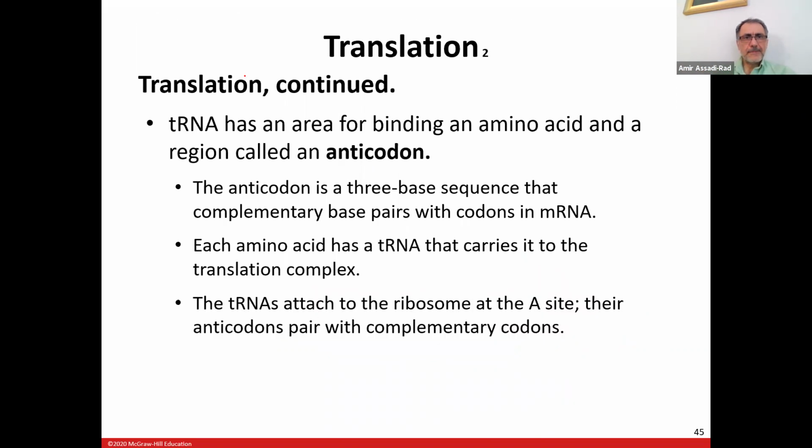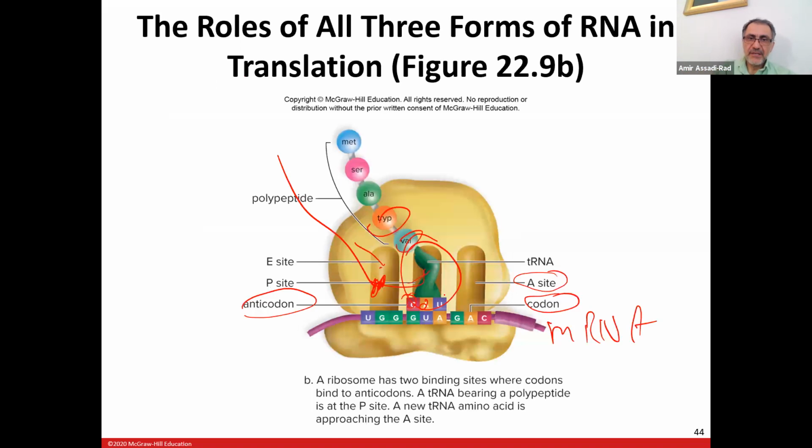So the tRNA has an area for binding amino acids, and it has the anticodon. I showed it to you in this diagram. So right here, for example, if the mRNA is UCA, what would be the tRNA? You should know this. Okay, for tRNA, we do not have T, right?